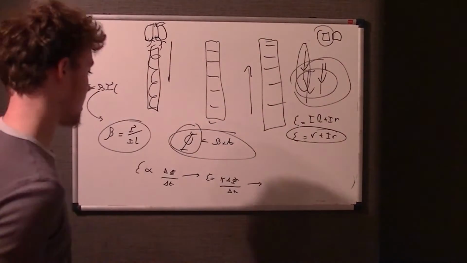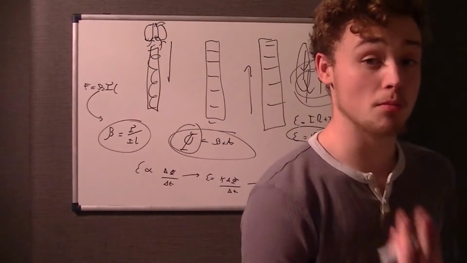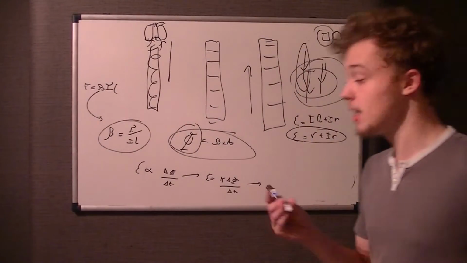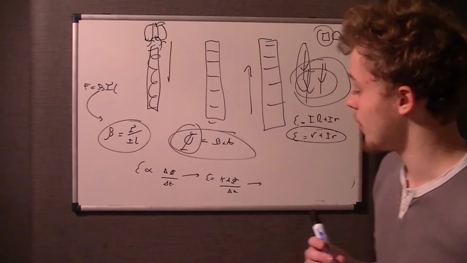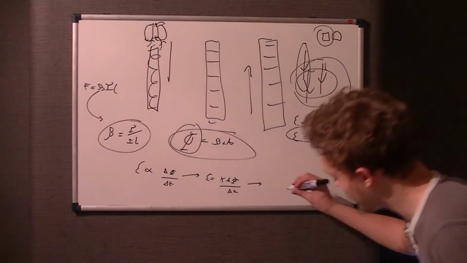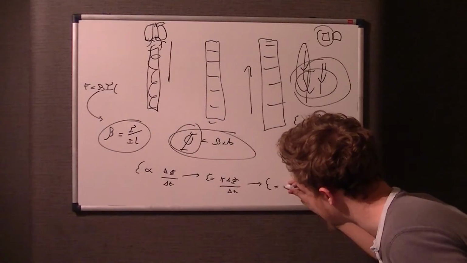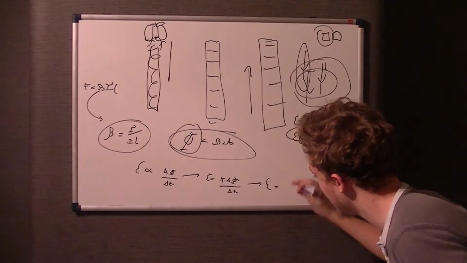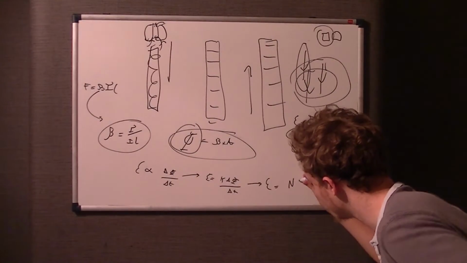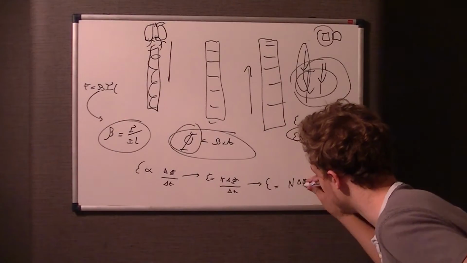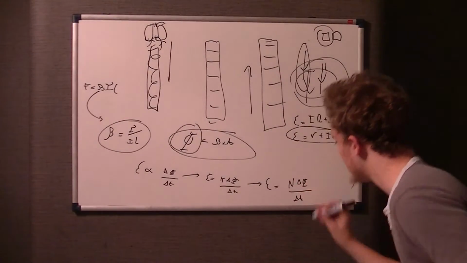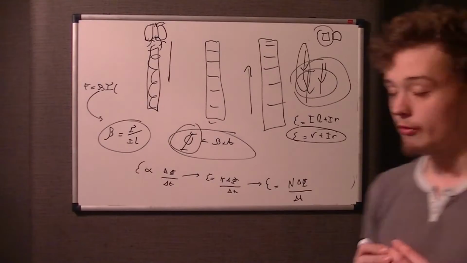Well, the only thing that we change that increases it is the number of turns, which obviously increases the strength of the coil. So therefore, we put E is equal to N delta phi over delta T. But then we have to introduce something called Faraday's law.